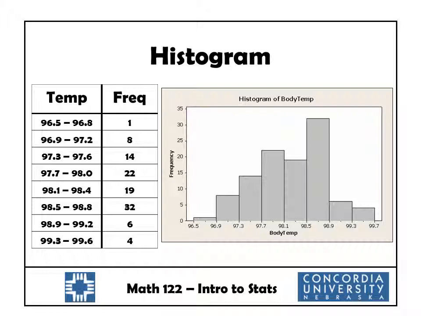That's the frequency. And so that summarizes the data, but it's still a lot of numbers. We don't like to look at numbers, we want a picture. So our picture is called a histogram, shown there on the right. There we have one column for each class, and the height of the column equals the frequency.